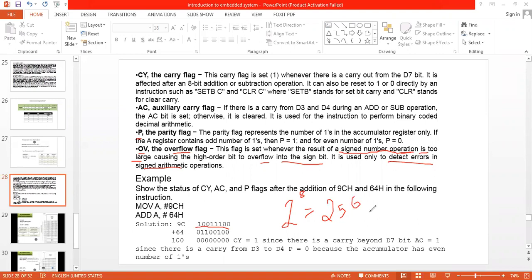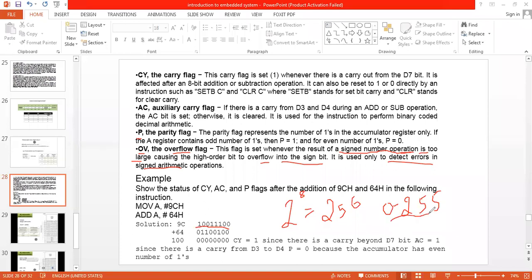The unsigned number ranges from 0 to 255.